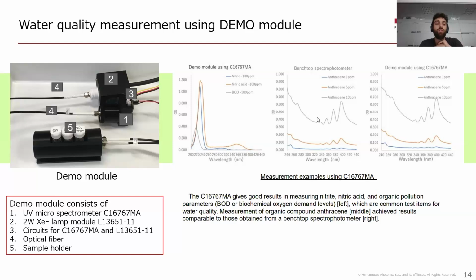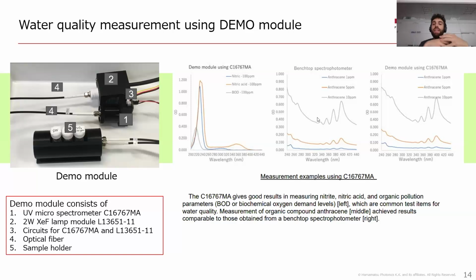And this setup is used to analyze some vials in which we have water with dissolved pollutants, specifically nitric acid, BOD, and also we did an experiment comparing this setup with a larger benchtop spectrophotometer using 3 different concentrations of anthracene. And as you can see from the rightmost graphs, the peaks that we obtained were totally comparable.